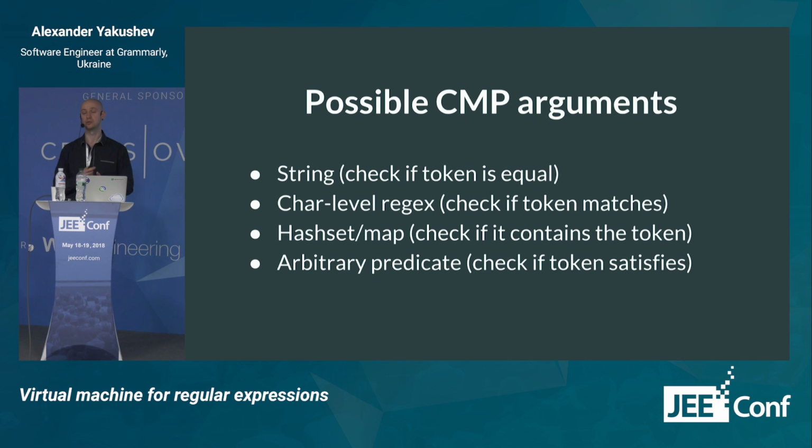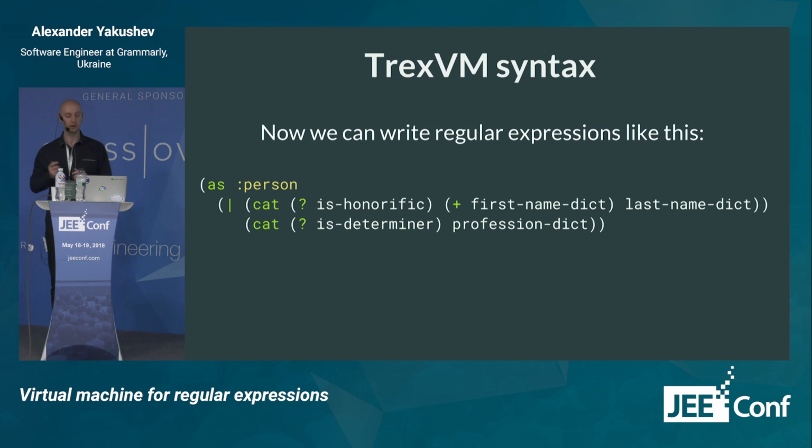So arguments to compare could be strings, where you just check the string for equality, or any character-level regular expression, or some hash set or hash map. Then you will look up the token from the input string in that hash map, or any arbitrary predicate that you will call, and if it returns true, it means a match.